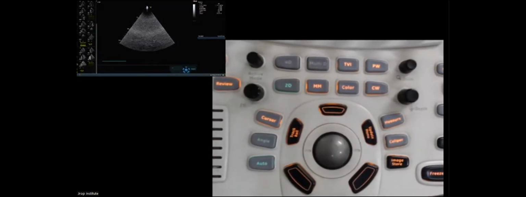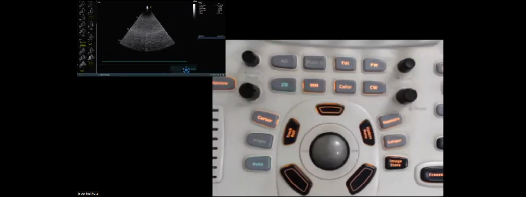Suppose there was a color shown over here and you want to come back to 2D, just press the 2D button. Next to 2D, there is an M mode section where once you press the button, it will go to M mode. And if you look at the screen upstairs, on this particular screen, there are marks over here which suggest a distance of 1 centimeter from top to bottom.